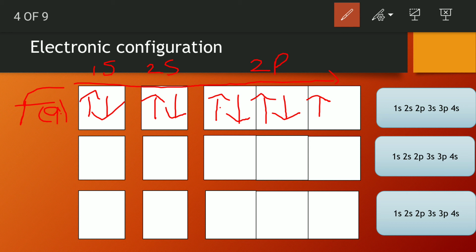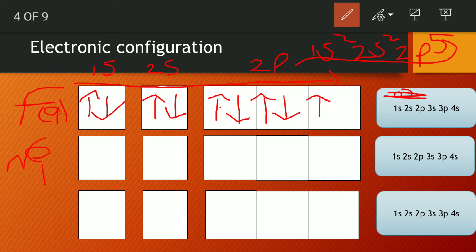So here you can write 1s2, 2s2, 2p5. So this is the electronic configuration. Let's see for neon.